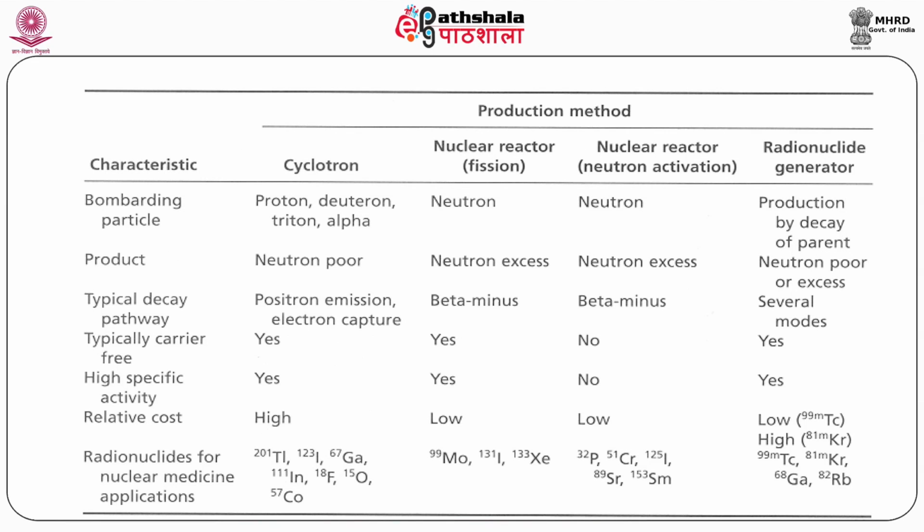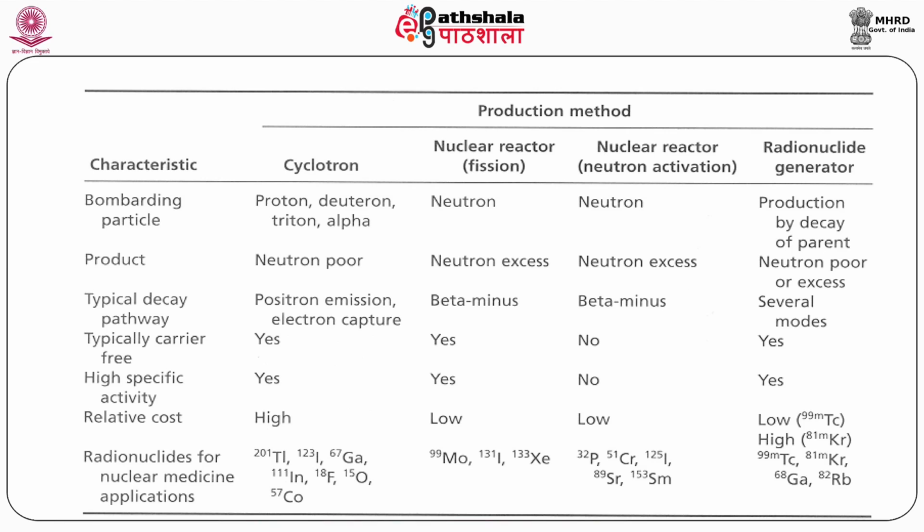So there are different production methods we have discussed, and we are going to discuss in further presentations: cyclotron, nuclear reactor, and radionuclide generator, by activation process. And if you see the characteristics, the bombarding particle is different in case of cyclotron. The particle which is accelerated is a proton, deuteron, or alpha charged particle.